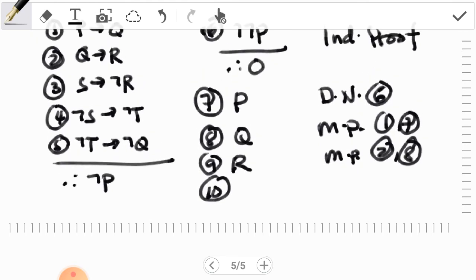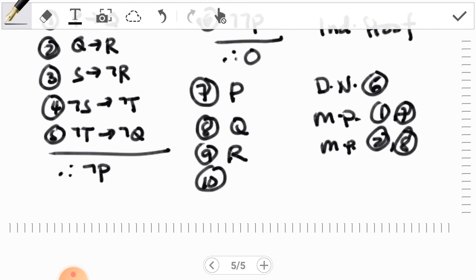Then R. Where do we find R? R is found in premise number 3. Therefore, that should now give us S implies not R. R is given.